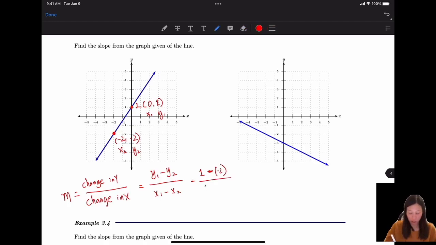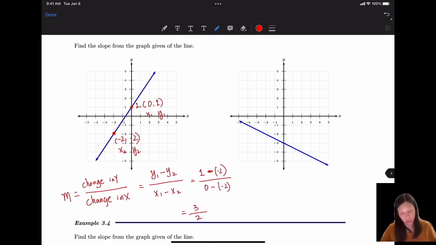And then x1 is 0, x2 is -2. So now we can calculate that. We have 1 minus -2 is 3, and 0 minus -2 is 2. So the slope of this graph is 3/2.